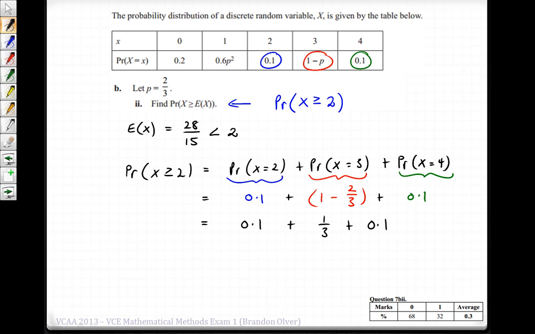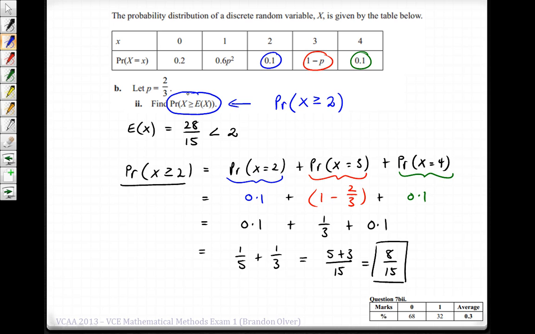So the probability is then going to be 0.2 plus 1/3, which I could rewrite 0.2 as being 1/5 plus 1/3. The common denominator is 15, so we could have 5 plus 3 on 15, which is 8 on 15. So that's the probability that x is greater than or equal to 2, which satisfies this initial condition here, which is what we were asked to find.